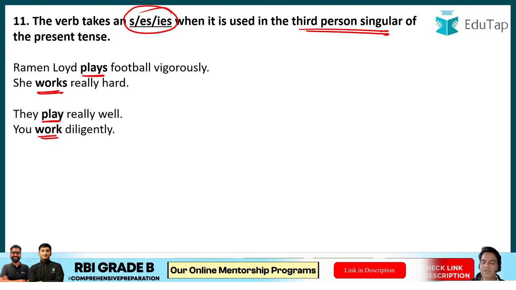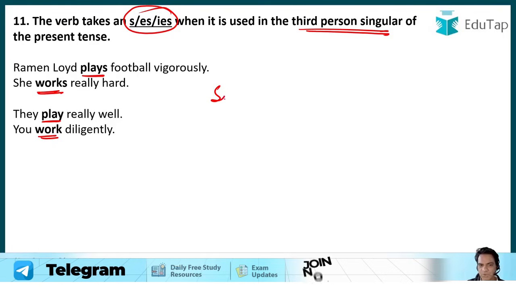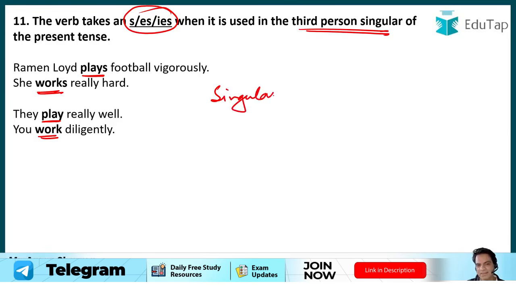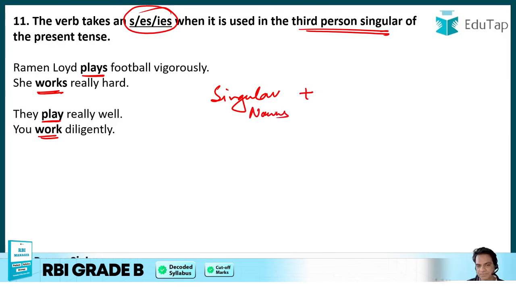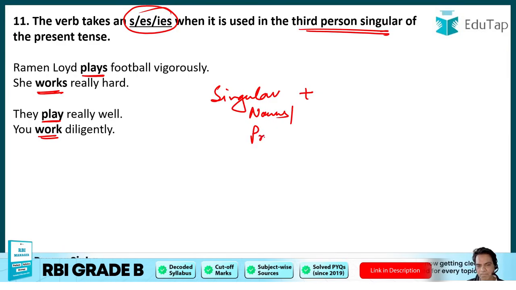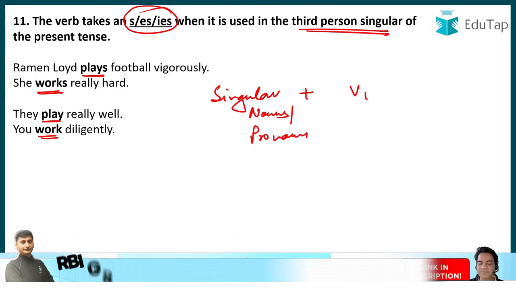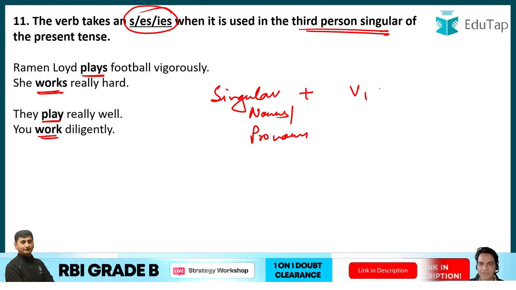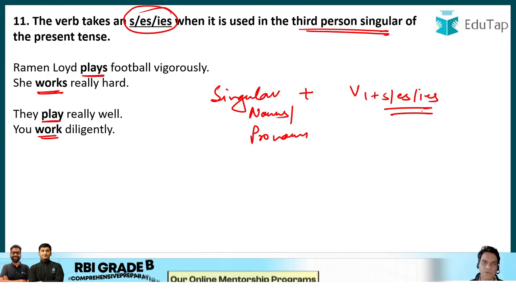But for singular nouns and pronouns, we have to add S, ES. This rule applies only to the first form of the verb, not the second or third. So with the first form of the verb, we have to add S, ES or IES.